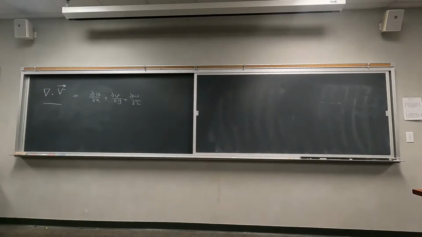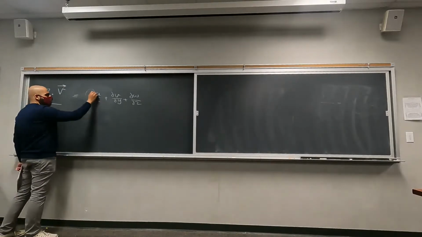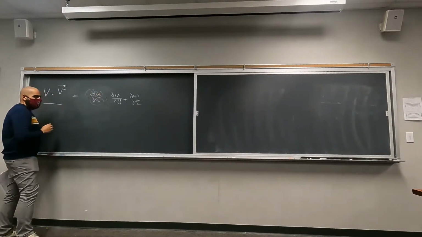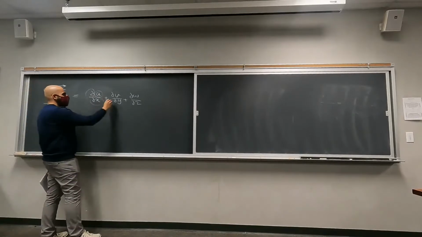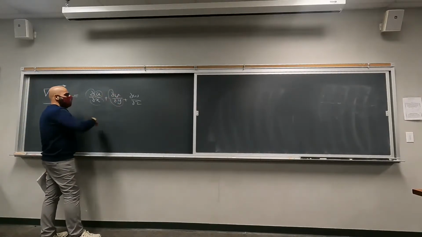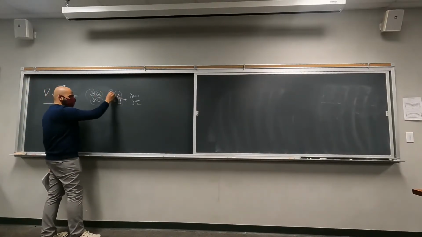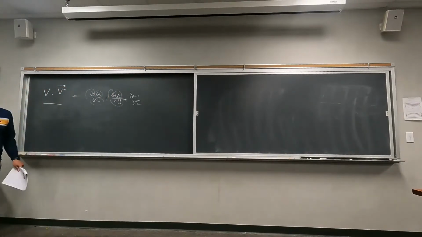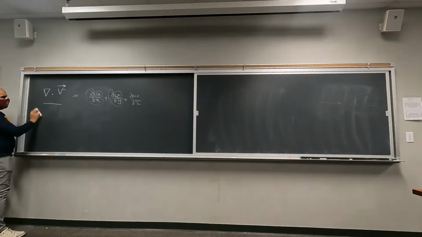So x component of the del operator multiplied by the x component of the velocity vector, y component of del operator, y component of velocity, and so on and so forth. But what does it represent? Why is this important in aerodynamics?